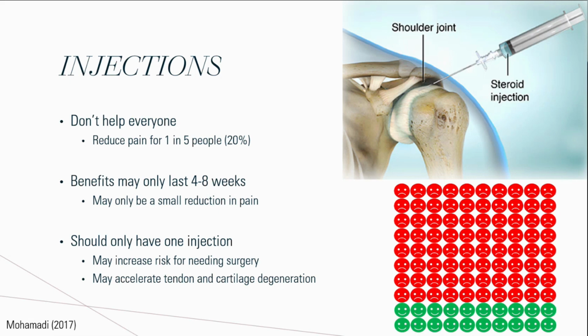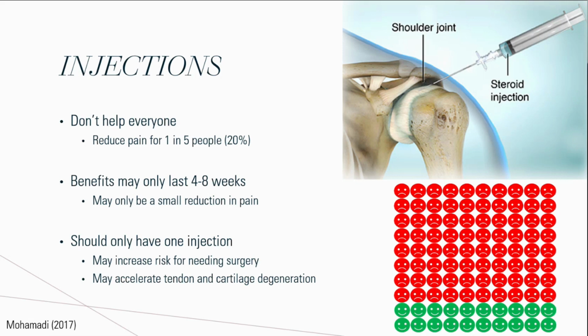Those who have an injection, when they do have some benefit from it, it only lasts for about 4 to 8 weeks. So again, it's not a very long-lasting improvement. It's also important, they found in research, to keep the injections to a minimum. It suggested that you really only ever have one injection.